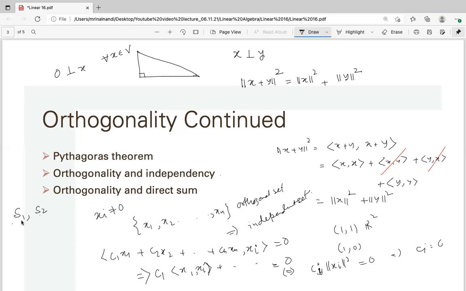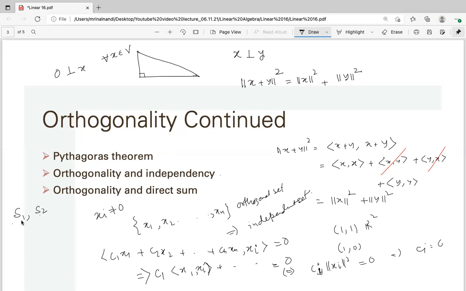So if you take all linear combinations, always finite linear combinations, from S1, they are perpendicular to S2. You have S1 and S2 orthogonal, meaning each vector of S1 is perpendicular to each vector of S2. Now the span of S1 is perpendicular to S2. Then next you will see that the span of S2 is perpendicular to the span of S1.